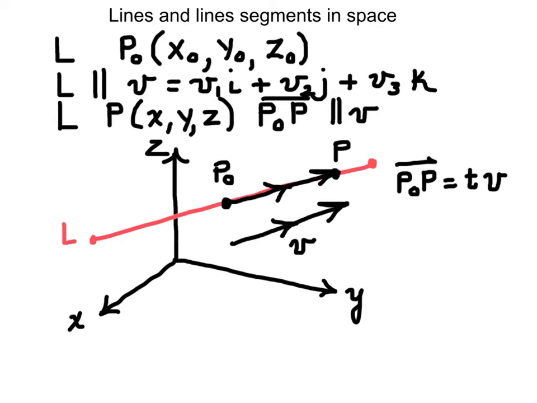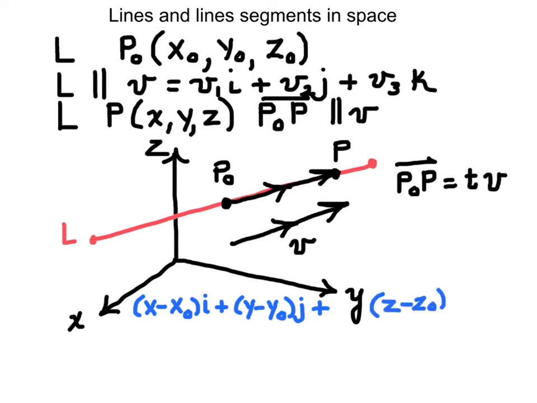It's written as x minus x naught in the i direction plus y minus y naught in the j direction plus z minus z naught in the k direction, and that is equal to our t, which is our scalar, times our vector v, which is v1 i plus v2 j plus v3 k.